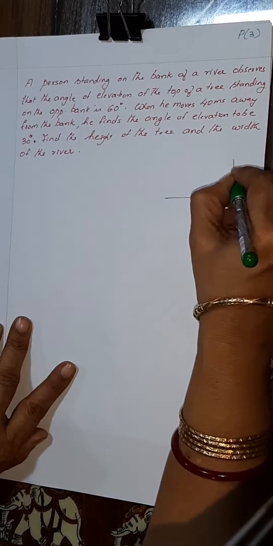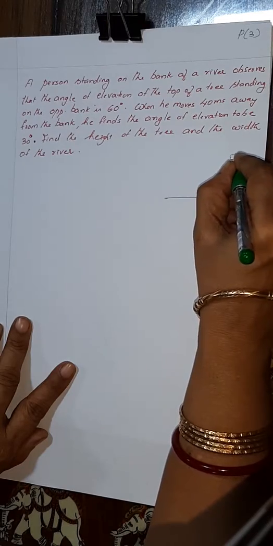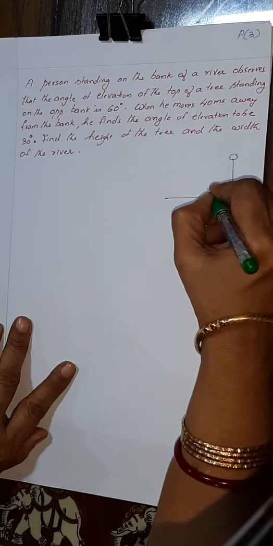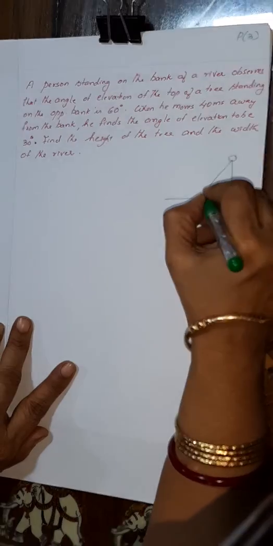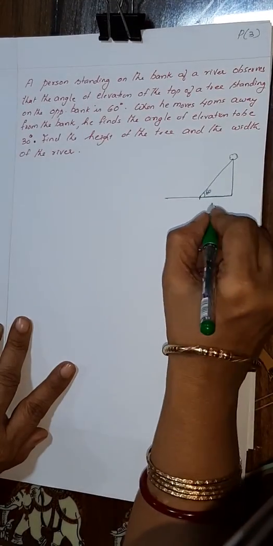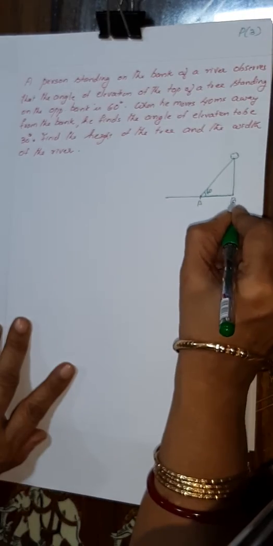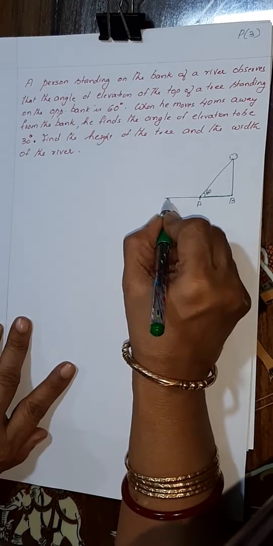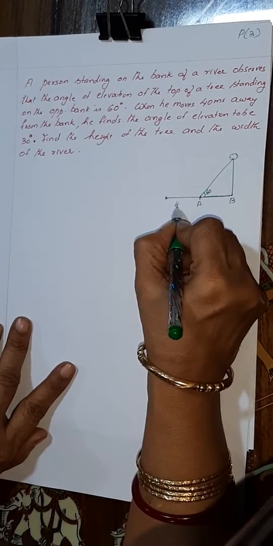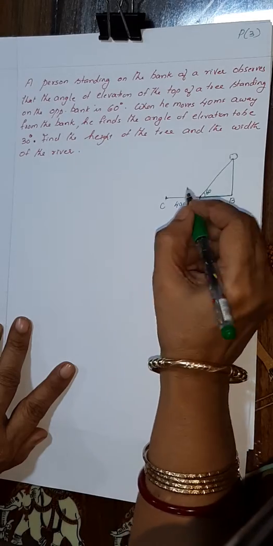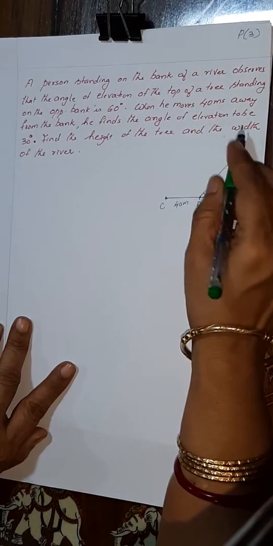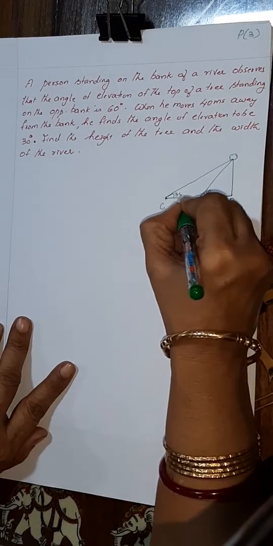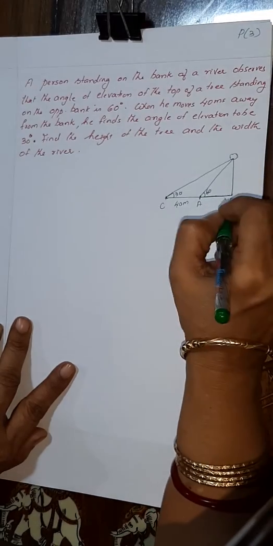So, this is a tree. So, from here he is observing the angle of elevation of the top of the tree is 60 degrees. So, this is the river, this is A, B. When he moves 40 meters away from the bank, so, from here he is moving to this place, that is 40 meters, C, the angle of elevation is 30 degrees. Find the height of the tree and the width of the river.